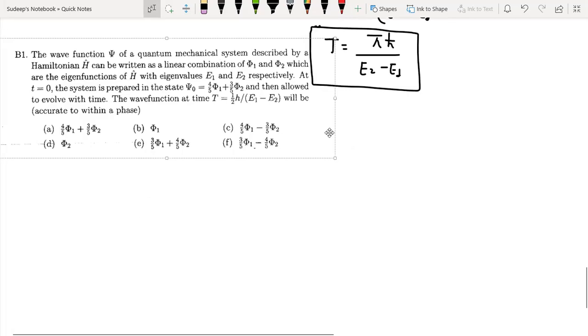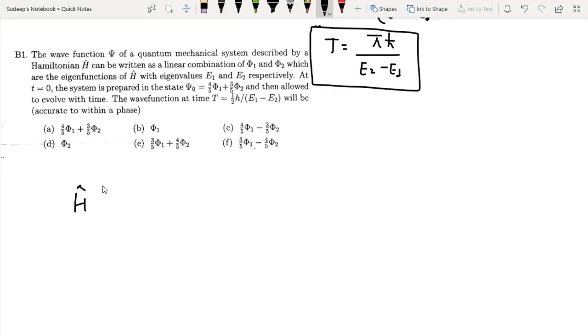It is known to us that phi 1 and phi 2 are eigenfunctions of H with energy eigenvalues E1 and E2.